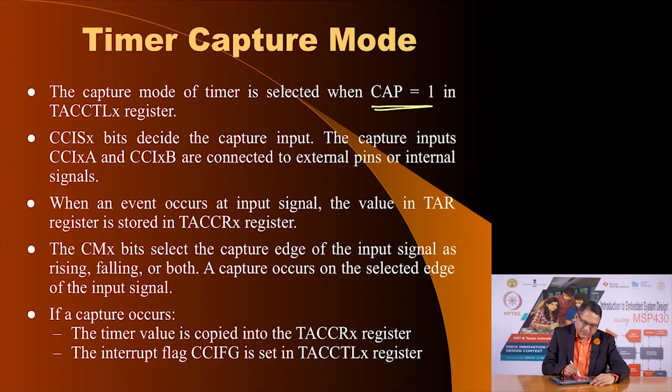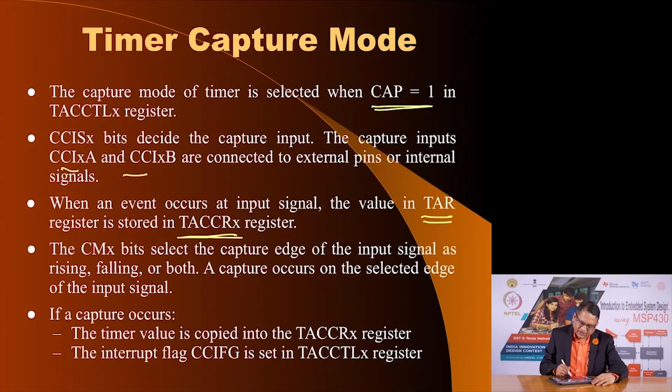The CCIS bits will decide the capture input, and the capture inputs, this or this, will be selected and mapped to the external pins. When an event occurs at the input signal, the value in the timer register will be stored in the selected capture compare register 1 or 2 or 0.